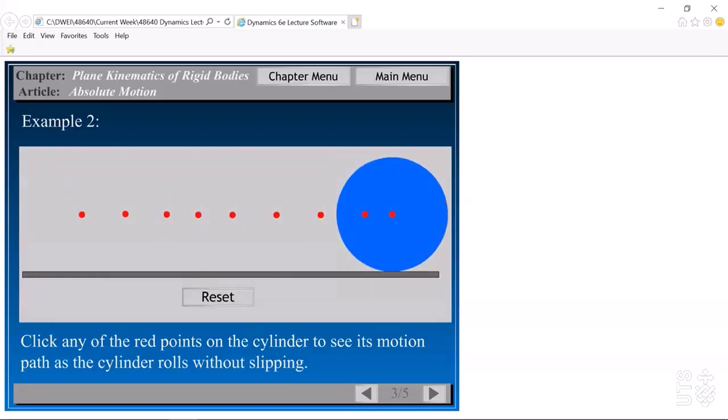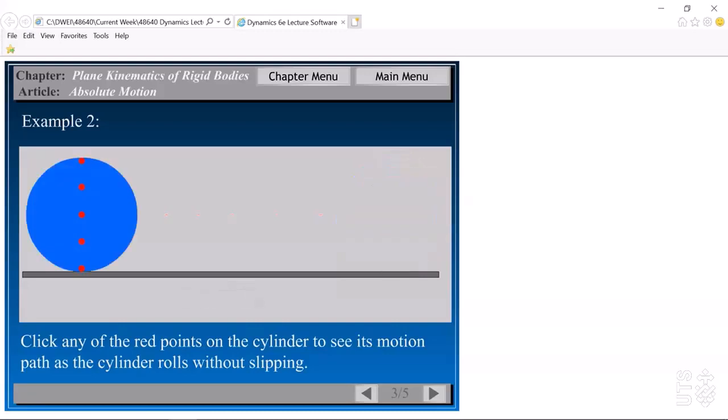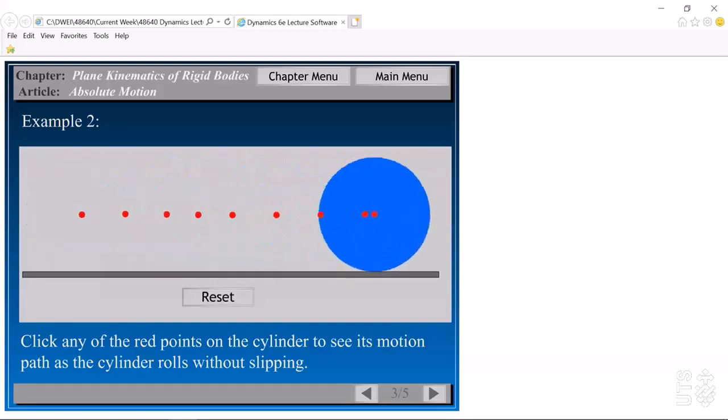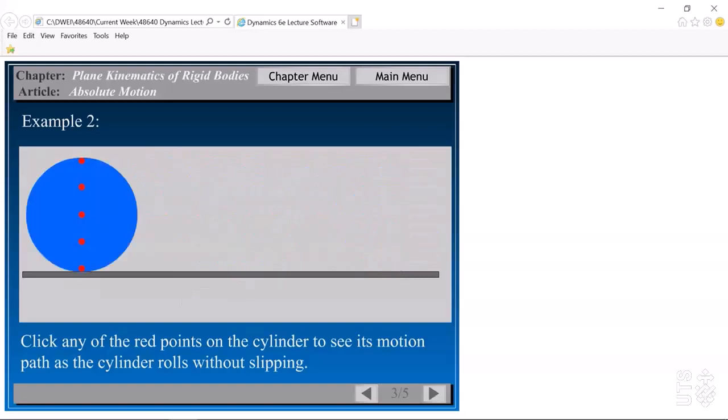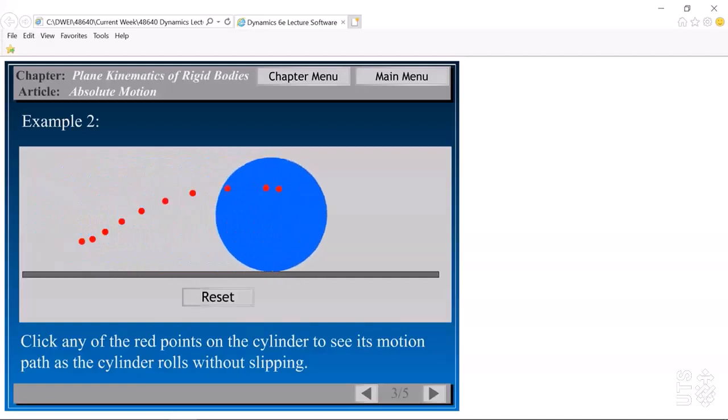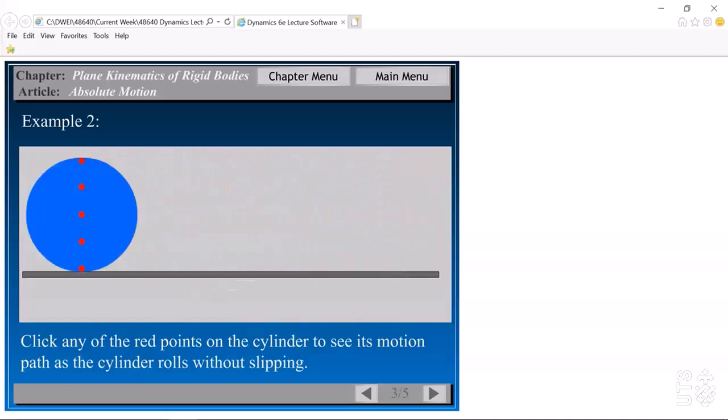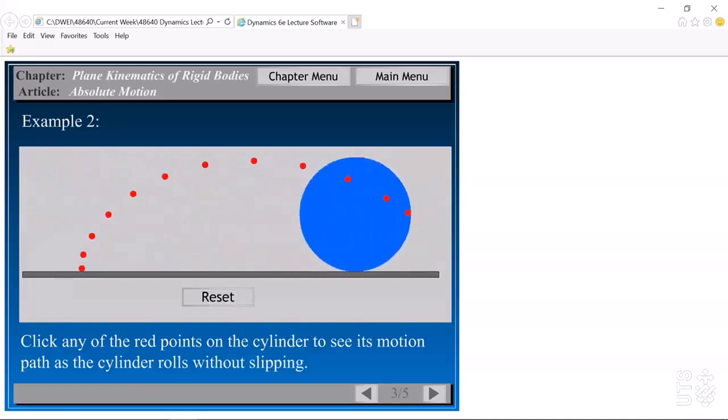The middle point, you can see its moving path is a straight line, and this middle point is the circle center. The second last one and the bottom one, the contact point.